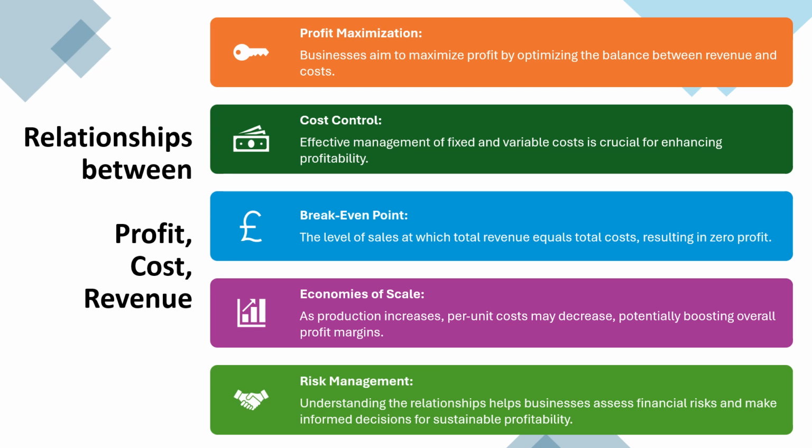Economies of scale. As production increases, per unit costs may decrease, potentially boosting overall profit margins. Risk management. Understanding the relationships helps businesses assess financial risks and make informed decisions for sustainable profitability.